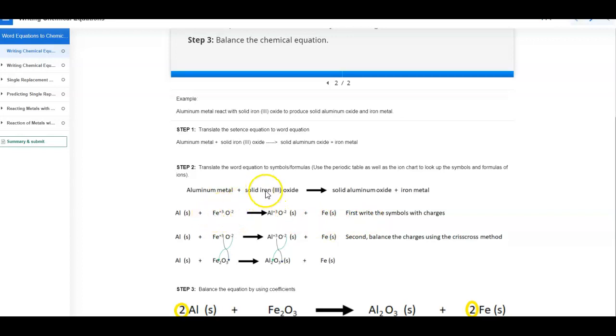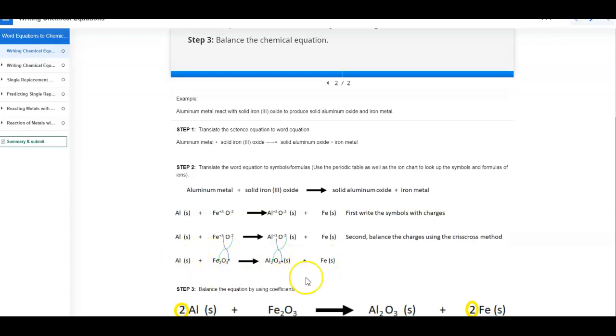First of all, write a symbol for each of the ions in the compound, and then use your crisscross method to balance the charges. So that's what we did here. First, write the symbols with charges. Aluminum oxide is Al +3, O -2, and then you crisscross to give you iron(III) oxide and aluminum oxide.